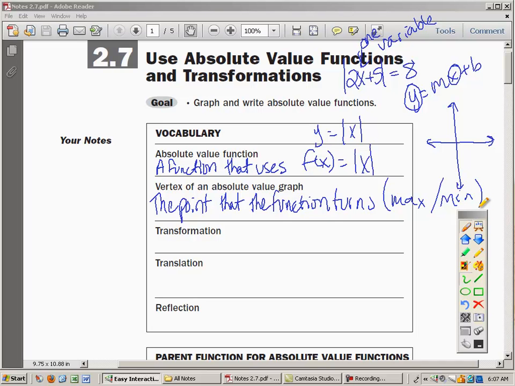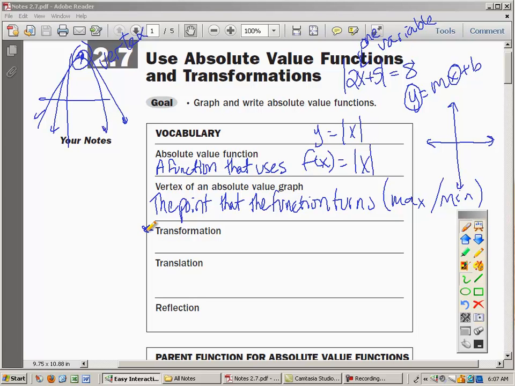Way back in Algebra 1, we talked about the vertex of a parabola, and that is the point at which that parabola turns and goes the other way. Absolute value graphs are going to have a different shape, but they're going to have the same kind of feel. They're going to have a point at which it turns and goes the other way, and we call that point the vertex.